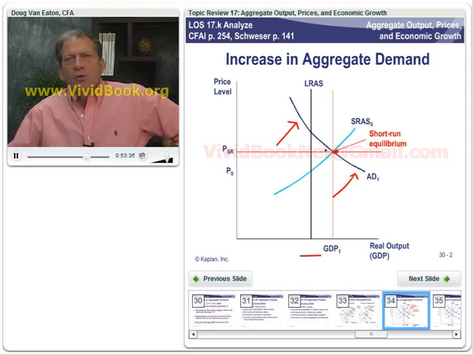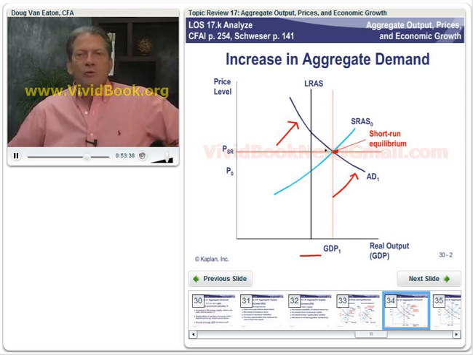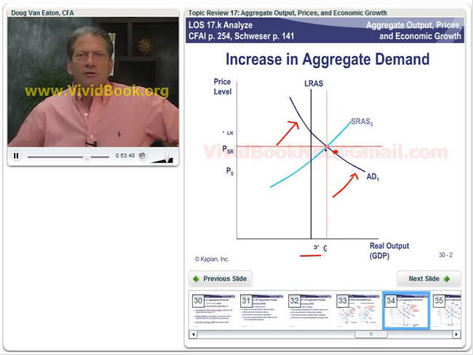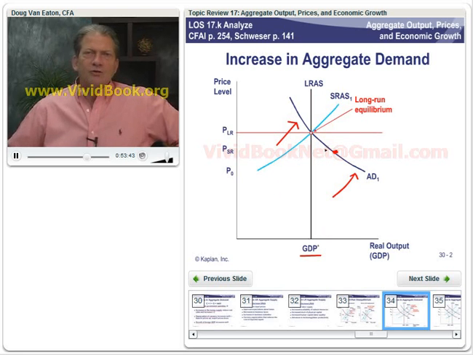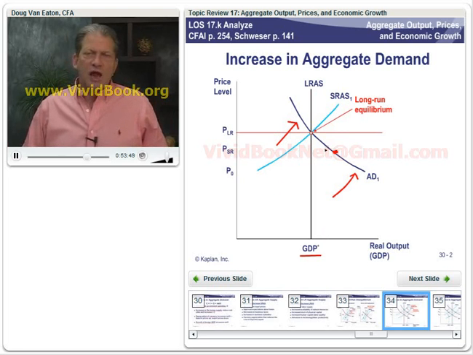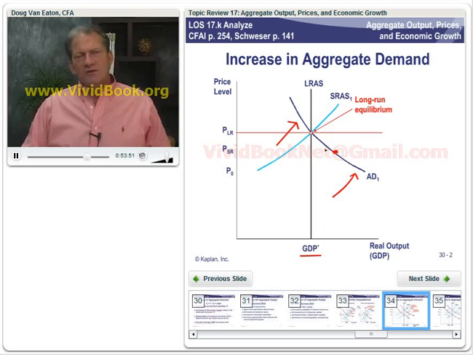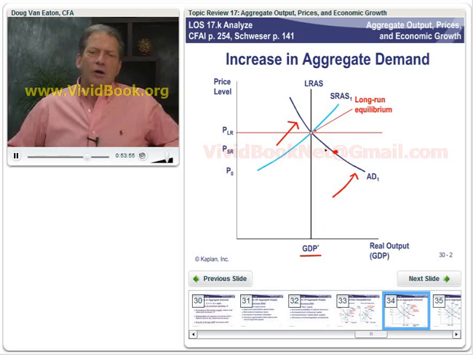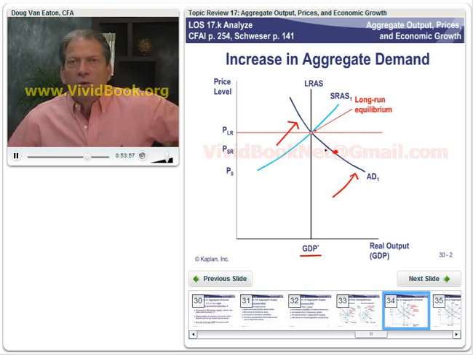And now what do we have? We've got upward pressure on wages and other input prices. That upward pressure increases those input prices and reduces short-run aggregate supply, as you saw on the graph. It shifts back. These input prices rise, wages rise, until we're back at long-run equilibrium. But I want you to see the overall effects.